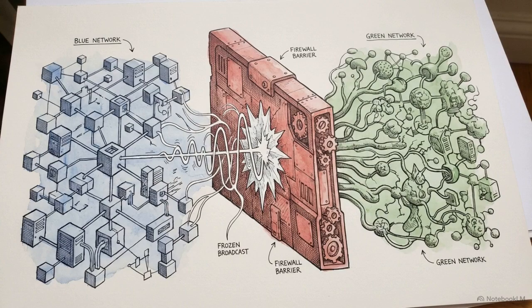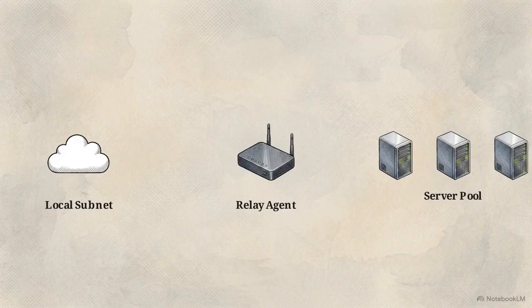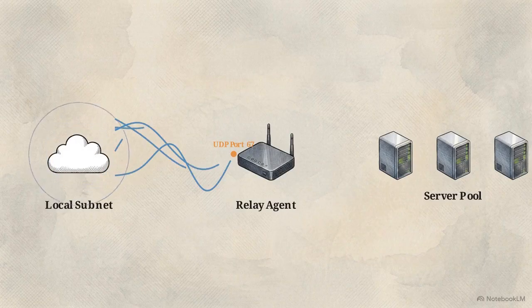While the DORA process works flawlessly on a local segment, IP architecture dictates that broadcast traffic cannot cross Layer 3 boundaries, like routers. To scale a single DHCP server pool across multiple remote subnets, networks utilize a DHCP relay agent, a configuration applied to the local gateway that intercepts UDP port 67 broadcasts.